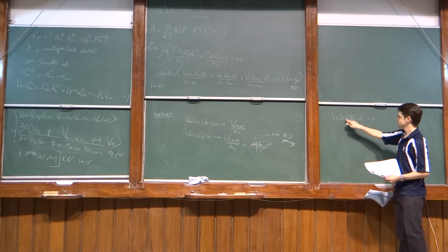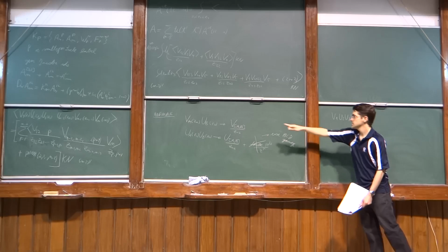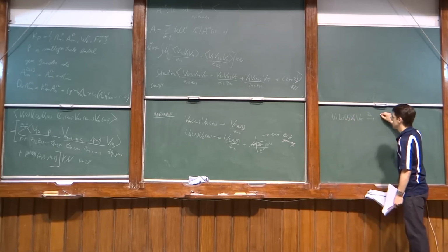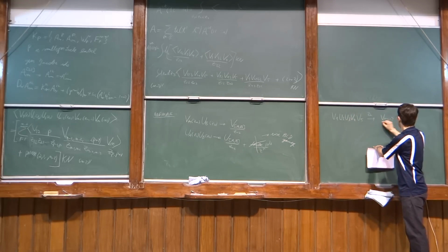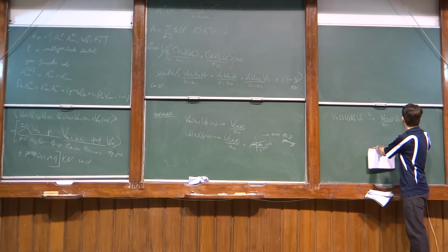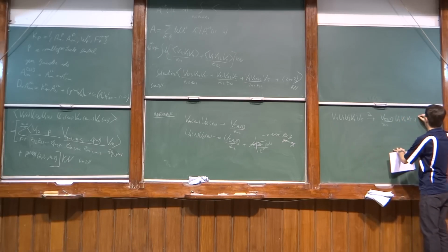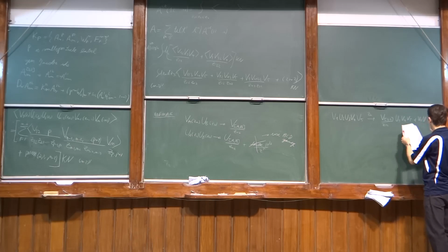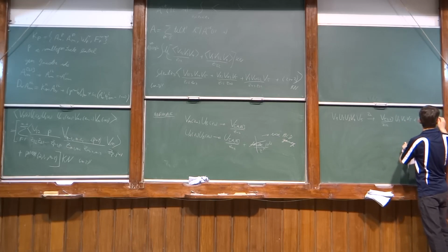And then we eliminate Z2. Let's start with Z2 and use those rules. We get V_12 over Z12, and then U3, V4, V5 plus V1, and then U_32, V4.